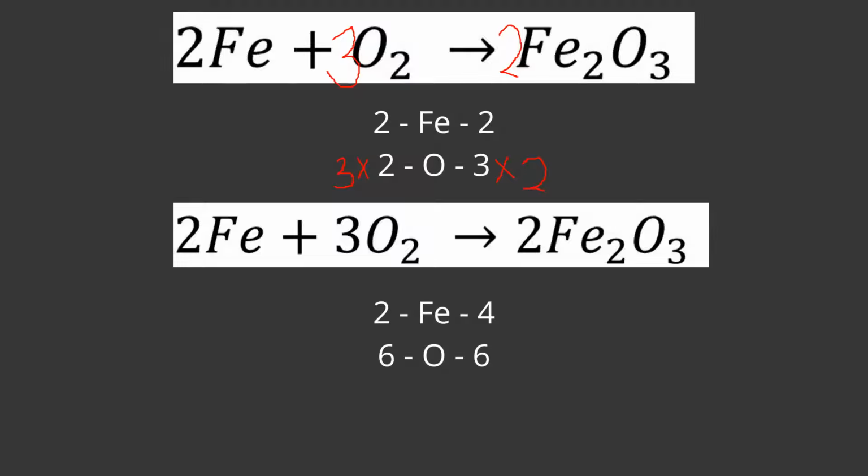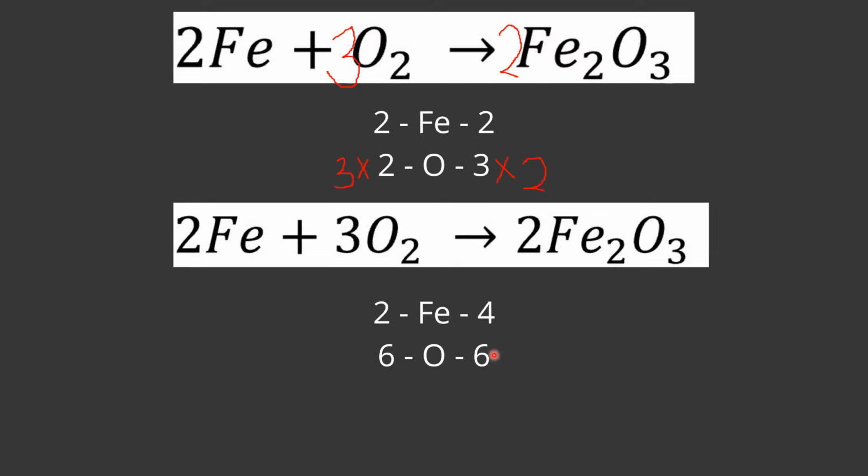And then after you do that, you check. Fe on this side is 2Fe, it's just 2. On the other side, the coefficient 2 multiplied by the subscript 2 gives us 4. So the number of irons is no longer balanced. Let's check the oxygens: 3 times 2 is 6, and on the other side 2 times 3 is 6.